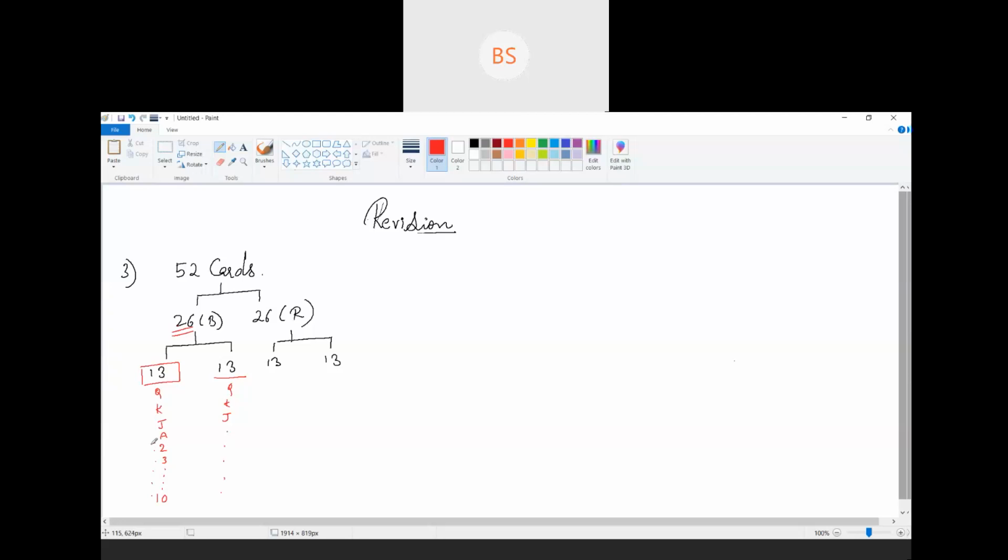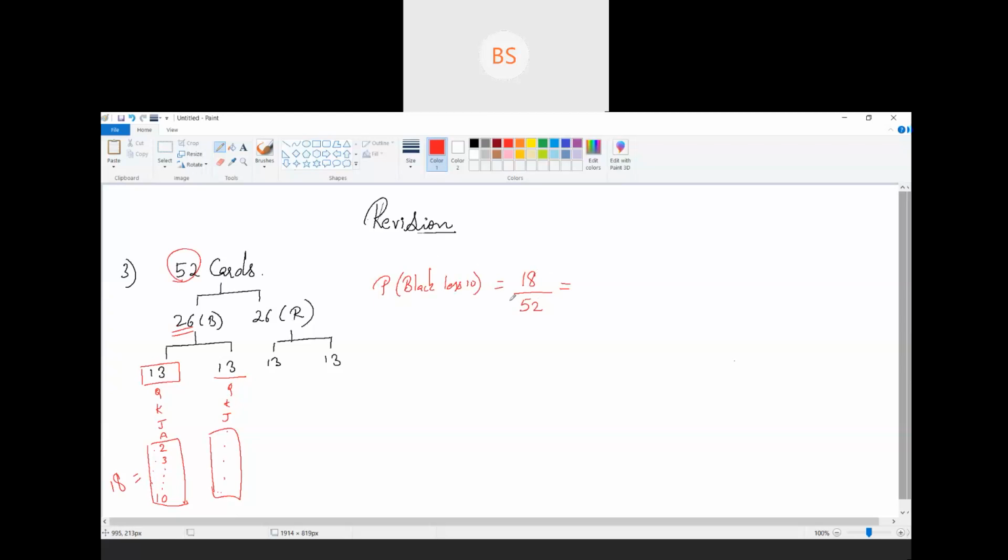So in this set I have 9 black cards, and in this set I have 9 black cards. So total I'll have 18 cards. So the probability of a black card which is less than 10 is 18 divided by the total number of cards, which is always 52. So 18 upon 52.